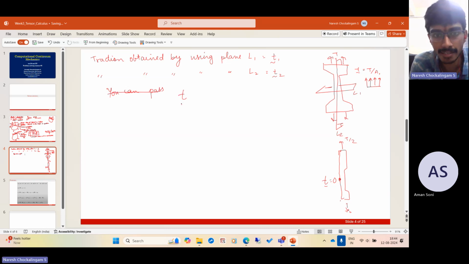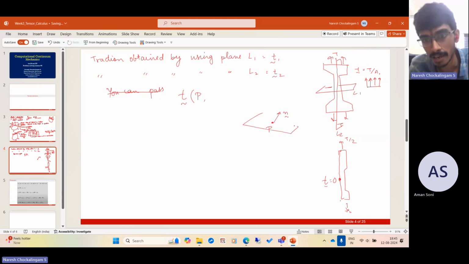So therefore, traction is not only dependent on the point. Traction at a given point P is a function both of the location of that point as well as the plane which is cutting, normal to the plane, right? So a point on the plane already is P. So what else remains to determine the plane?